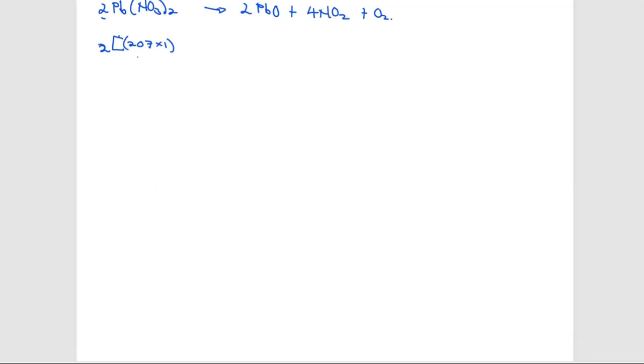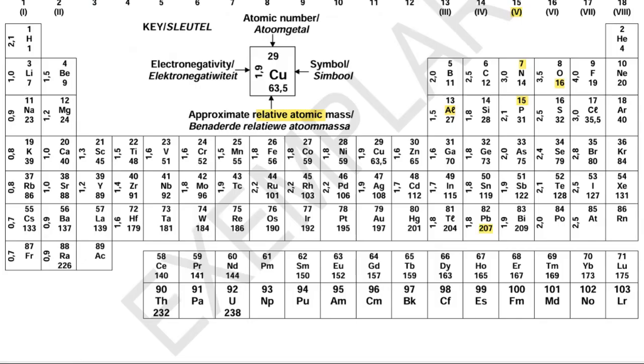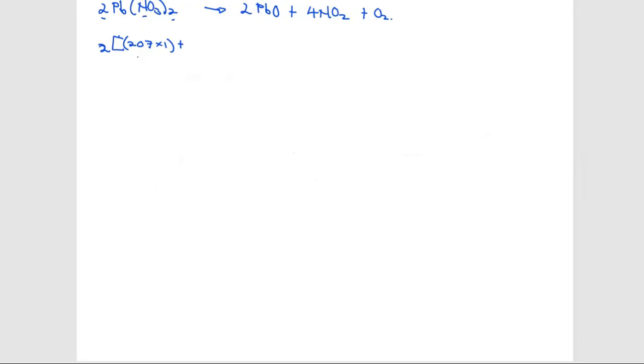Let me put it in a bracket, and then plus our nitrate, which is also going to be how many? Our nitrogen is going to be N multiplied by 2, right? Nitrogen has a mass of 14, so 2 multiplied by 14.